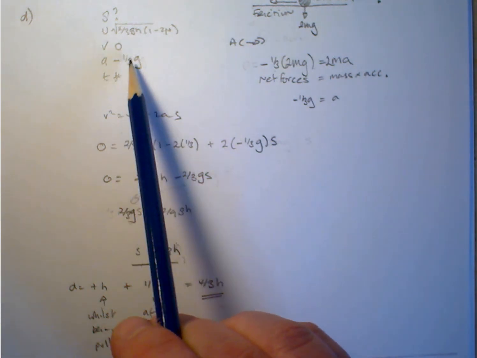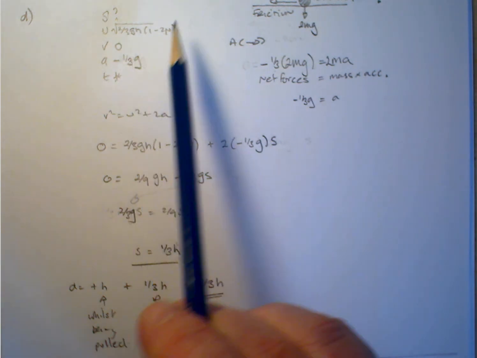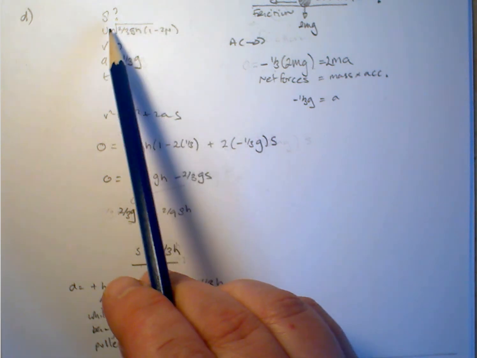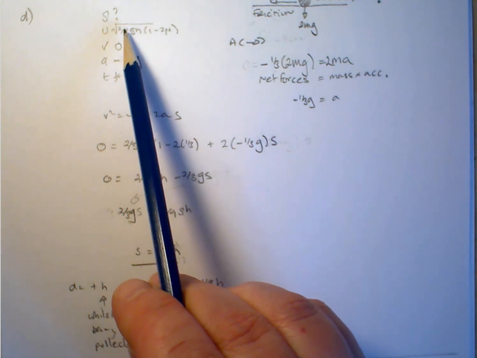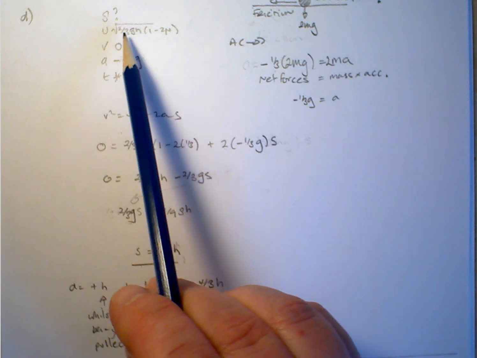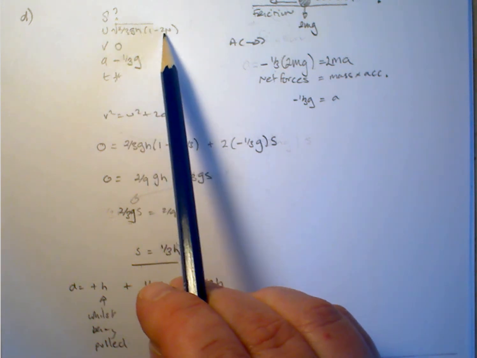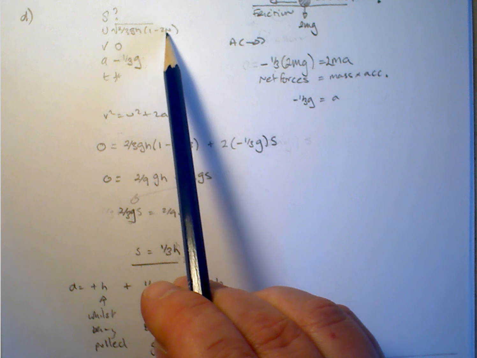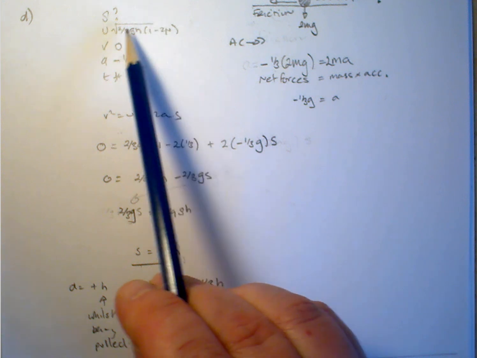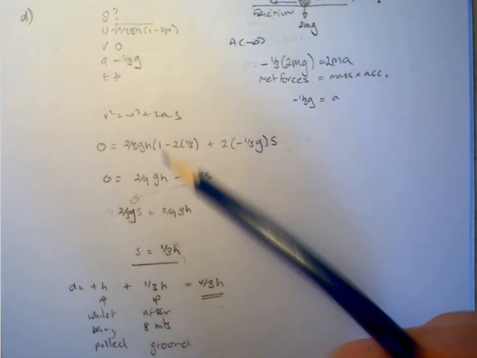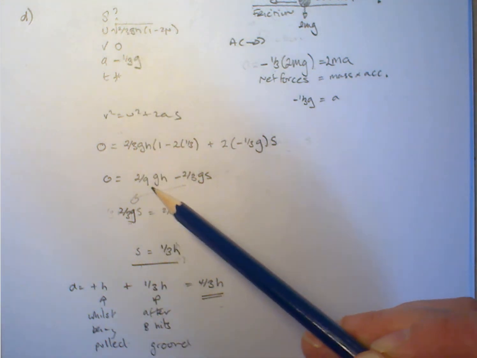In my SUVAT, I've got minus a third g here. Here I've got u as the initial velocity immediately after B hits the ground. It's the same velocity as B hit the ground. And here I'm going to get a third, because it tells me mu is a third. So 1 take away 2/3 is a third, and a third of 2/3 is 2/9. So we get 2/9 gh here.